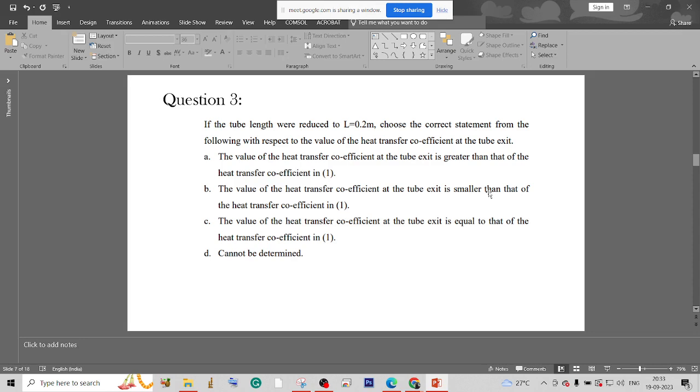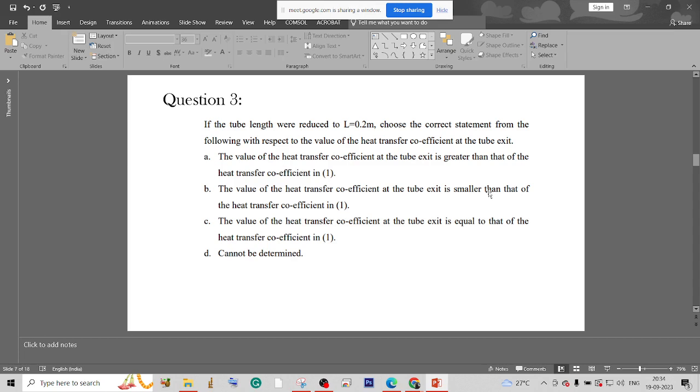Before that, the central velocity is more compared to the mean velocity. The velocity will decrease gradually because the mass flow rate will be the same, right? So if velocity here is more, the velocity will keep on decreasing, and eventually be zero at the wall. So the velocity will be more if the flow is not developed.